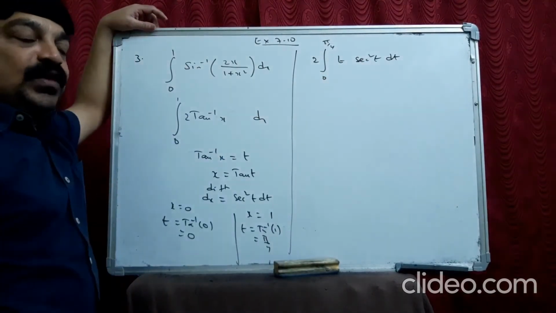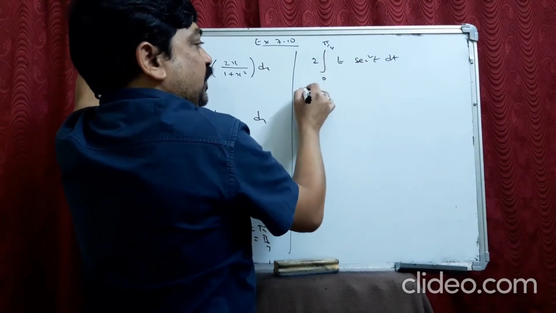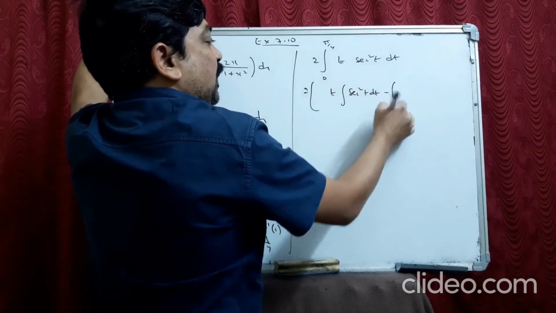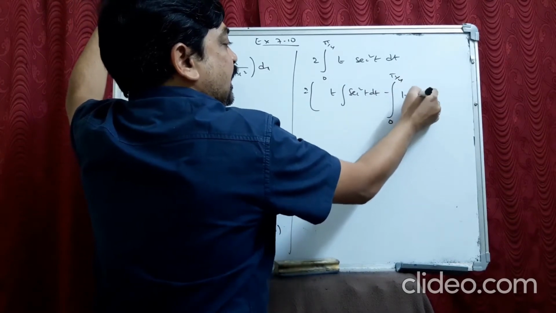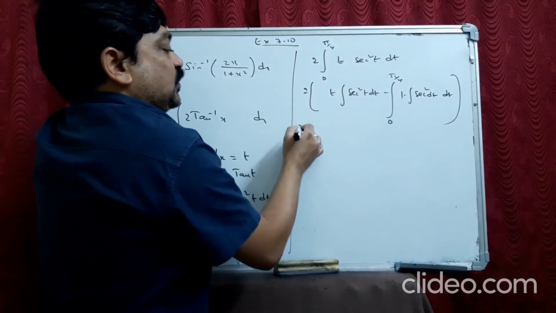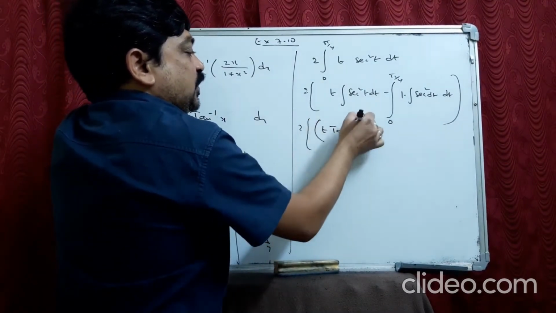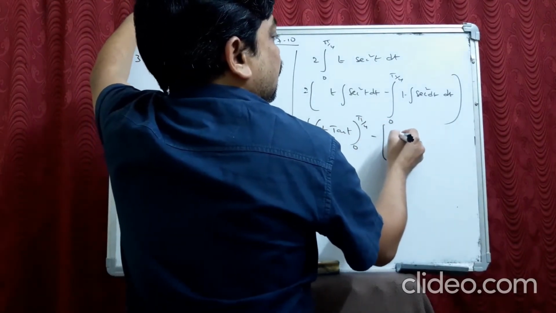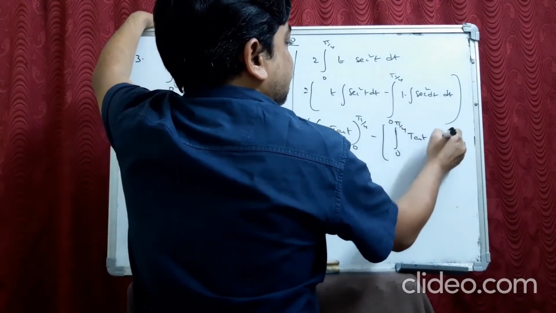Now we apply the UV rule. Algebraic and trigonometric, so t comes first. T times integration of secant square t dt, minus integration from 0 to pi by 4 of the derivative of t times the integration of secant square t, dt. So it becomes 2 into t tan t from 0 to pi by 4, minus integration of 0 to pi by 4 tan t dt.